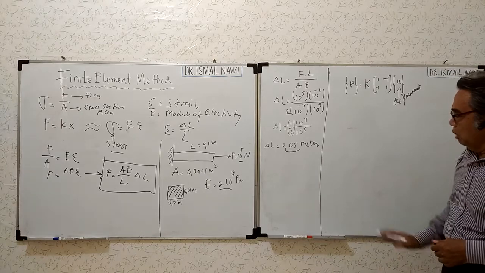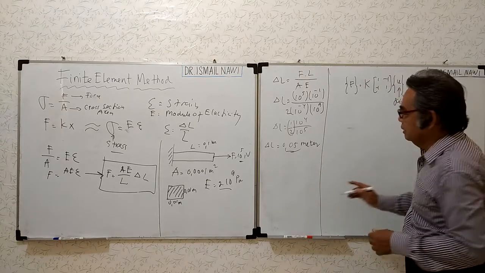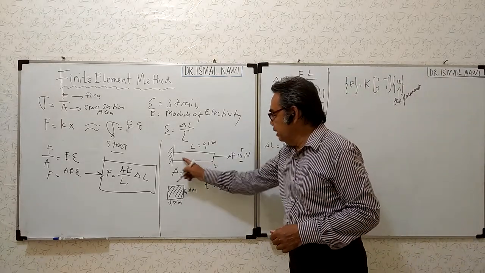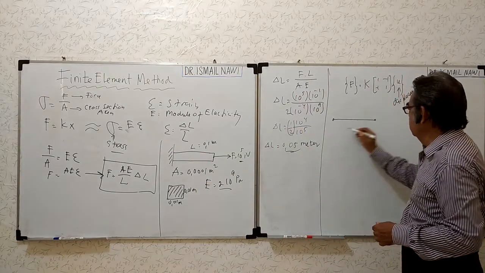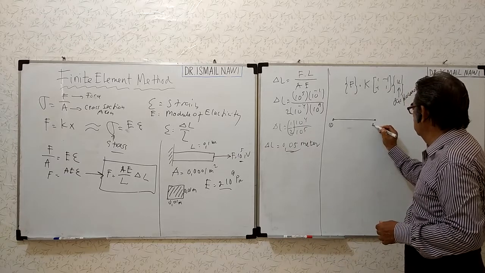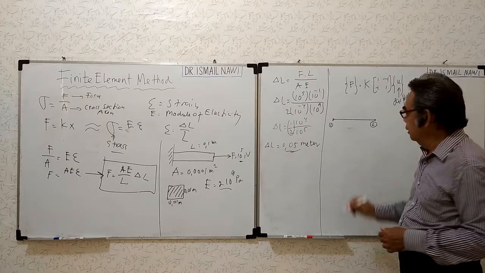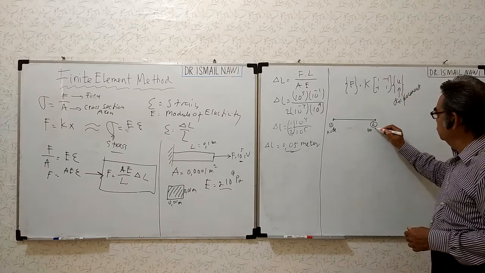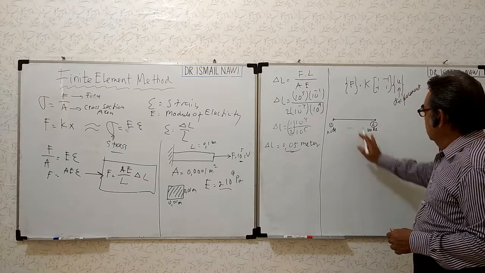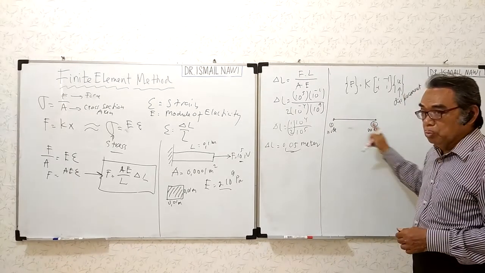So we can rewrite our formula very simply. In finite element, we have two nodes, node 1 and node 2. One element, two nodes.